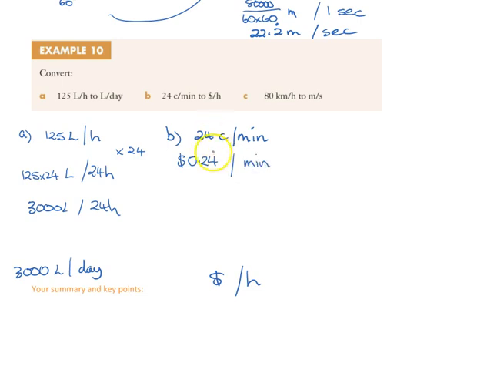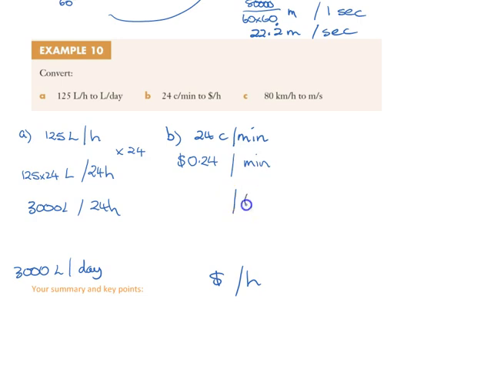24 cents, we simply know 24 cents can be written exactly that way. What have I done from that line to that line? I've converted the unit. I haven't changed the size of anything. Everyone knows 24 cents can just be simply written this way using dollars. Now, I need to work through from a minute to an hour.